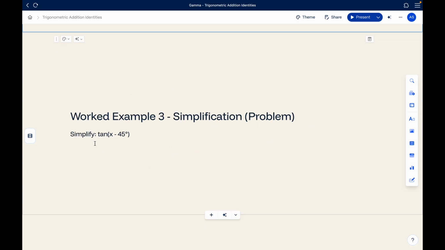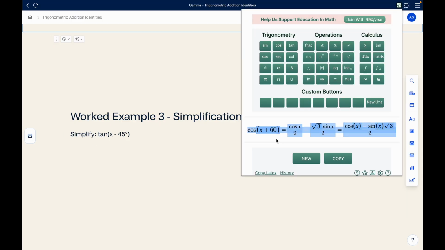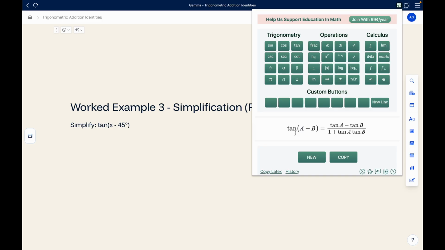And our final example is another simplification problem, this time using the tangent formula. The tangent formula is copied down over here, and as you can see, it's tangent of A minus B because of the tangent over here and the negative sign in between.